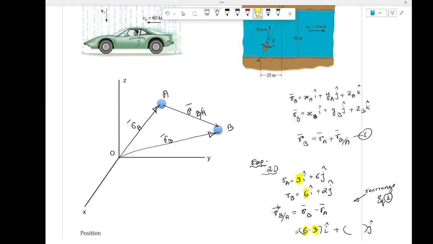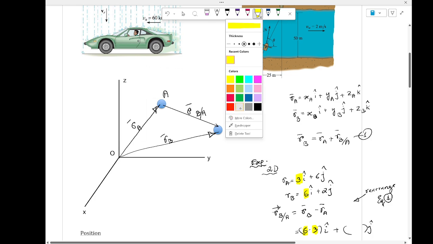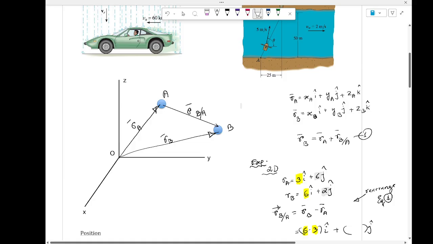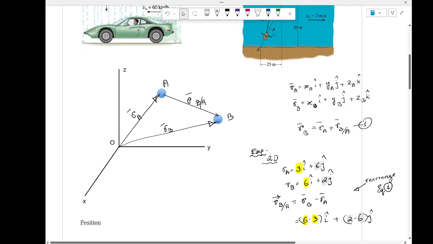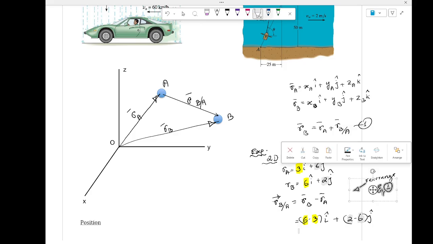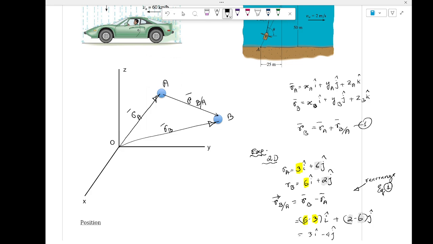And then let's do another color code with this one. This is your 2 minus 6, and I'm doing the color code again. Does everyone understand this? Everyone got the value that I was talking about? Perfect. I'd like to move on now. So this would be 3i minus 4j. Good practice.